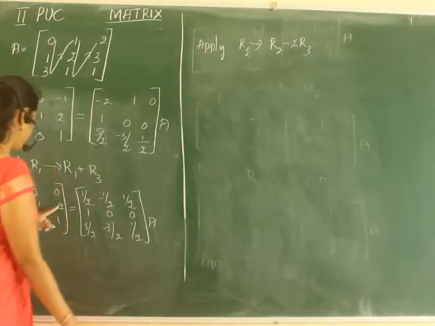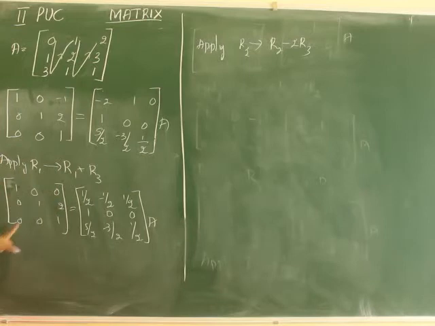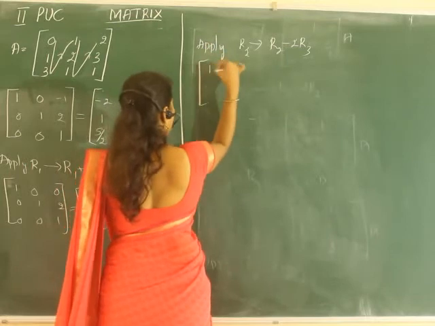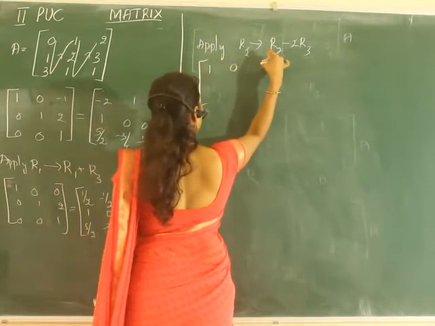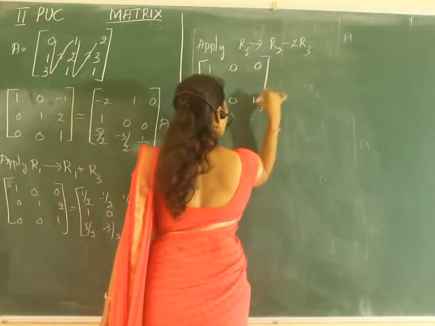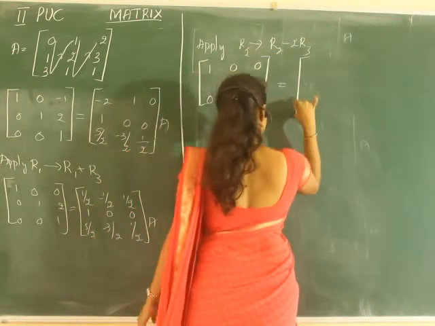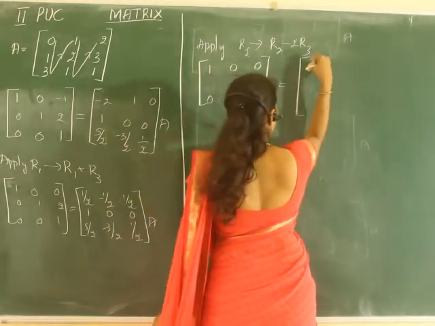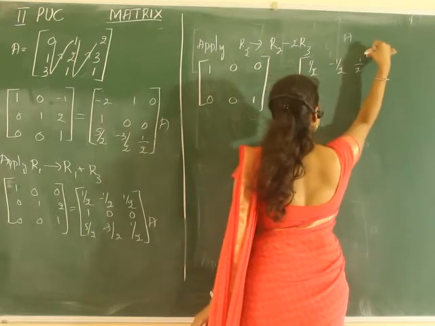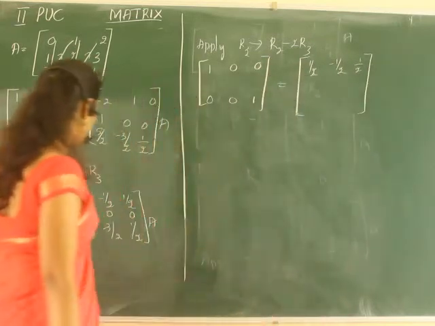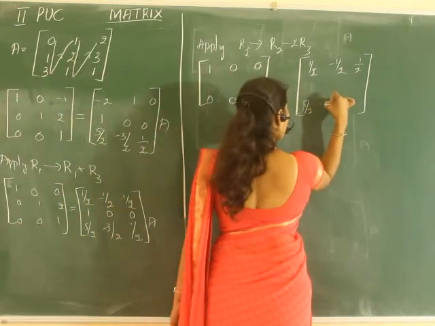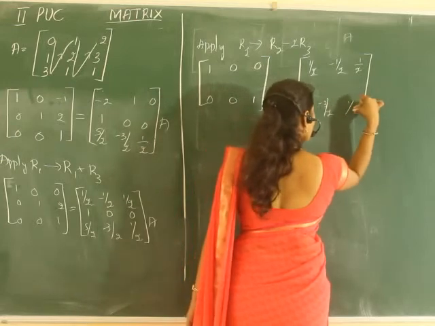Here the first one and third one as it is: 1 0 0, 0 0 1. And first row, half, minus half, half. Then minus half plus half, then 5 by 2, minus 3 by 2, 1 by 2.